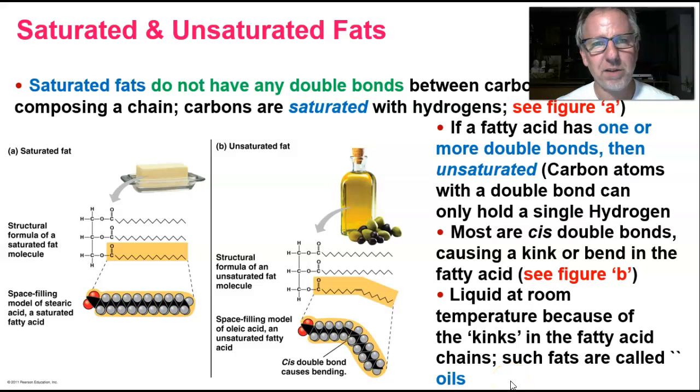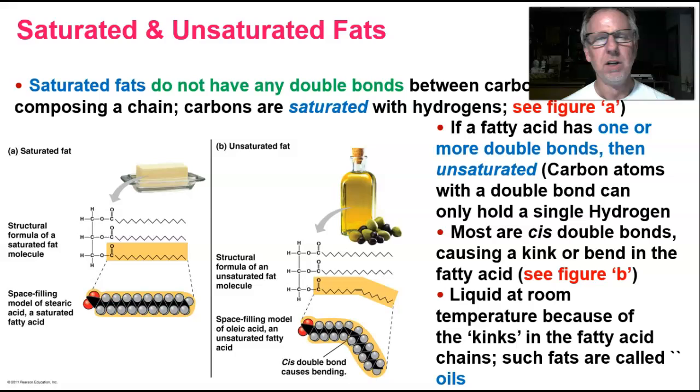Well, you may have heard before that saturated fats are bad for you. Unsaturated fats are not as bad for you. So first of all, you're going to learn here what makes a fat saturated or unsaturated. And then you're going to learn in a little bit as to why one is healthier than the other. So here's the thing.